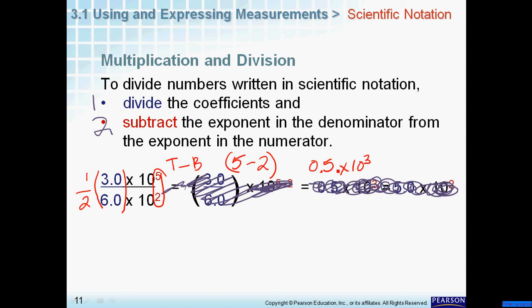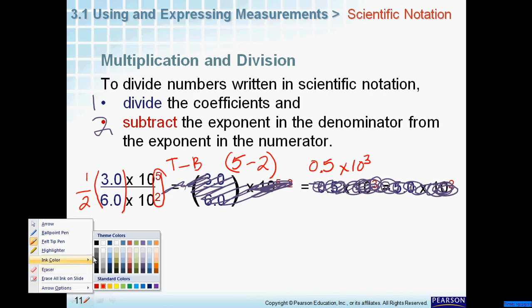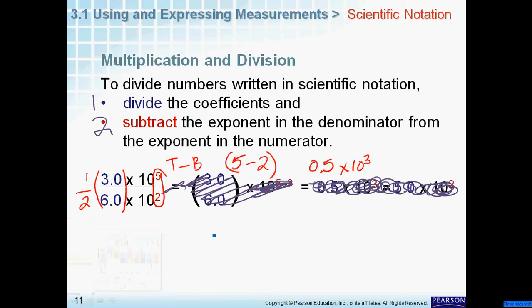The problem here is that my coefficient is less than 1. It needs to be between 1 and 10. So I need to move my decimal point over. This puts us in a challenge. When I move my decimal point over, I get 5. When I go from 0.5 to 5, am I getting bigger or smaller?